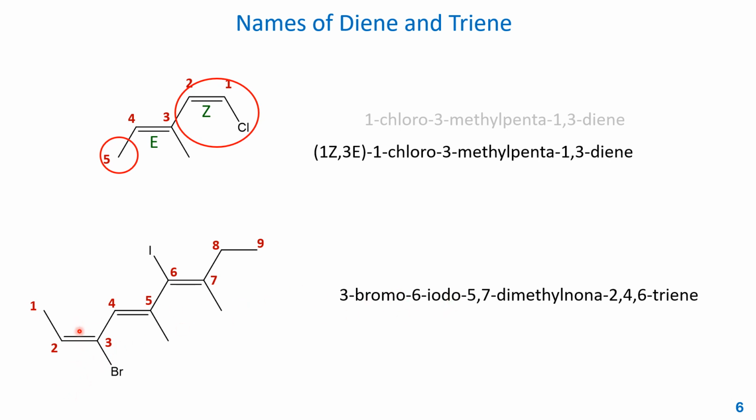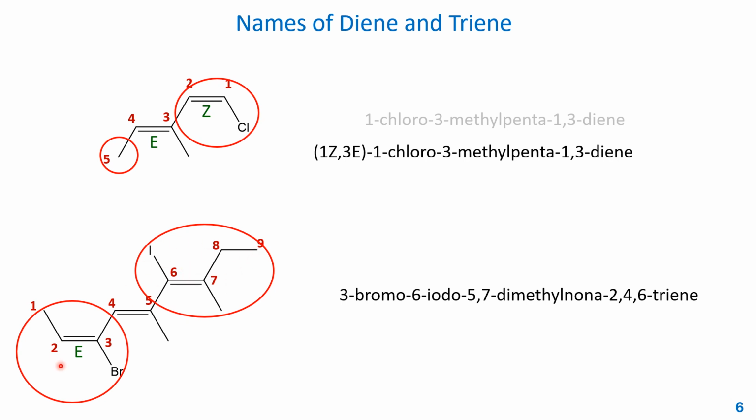First, for this double bond, we have a methyl and a hydrogen. Of course, methyl is higher priority. On the other vinylic carbon, we have a bromo and a carbon. Bromo is higher, so this is an E isomer. Then this double bond: we have hydrogen and this whole bromo-vinyl group, which is of course higher priority. On the other vinylic carbon, we have a methyl and this vinyl group, and this is higher.